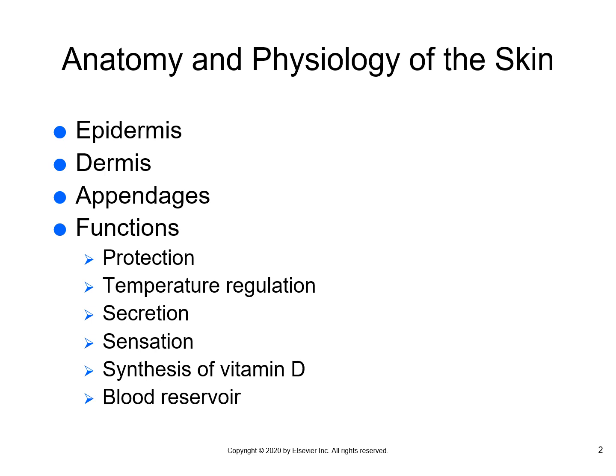For the synthesis of vitamin D, the UV rays in sunlight activate a substance in the skin that eventually is converted into vitamin D. The skin contains an extensive blood vessel network that can store as much as 10% of the body's total blood volume.